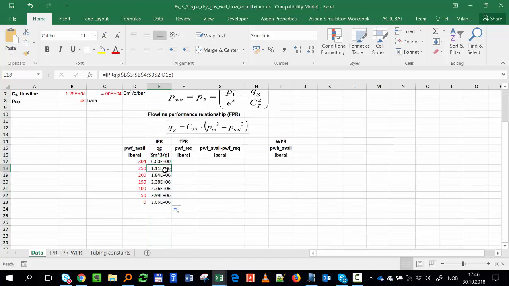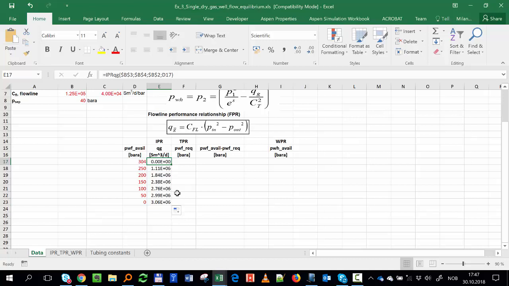And it makes sense, right? When flowing bottom hole pressure is equal to reservoir pressure, there is no rate. And when I'm going lower and lower and lower, I'm getting a higher and higher and higher rate.